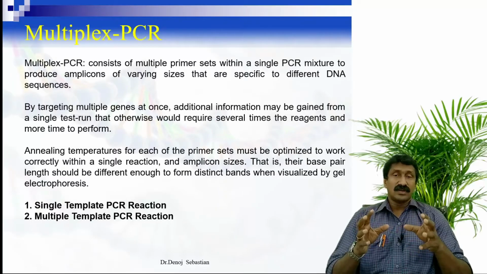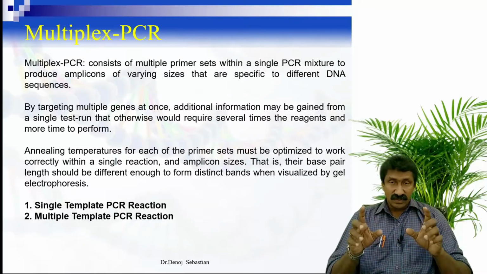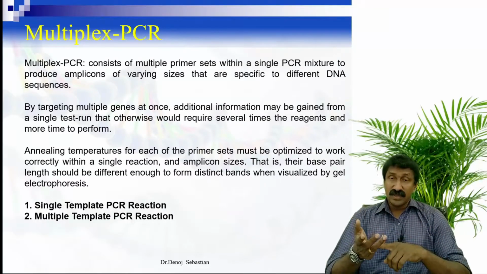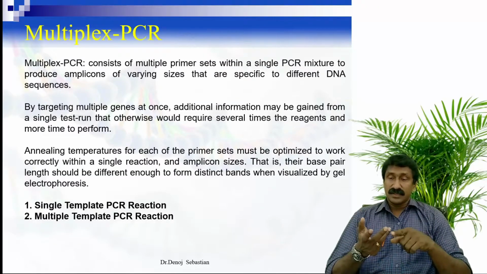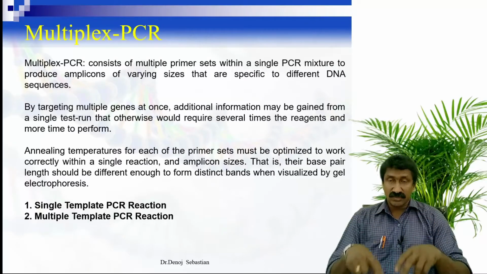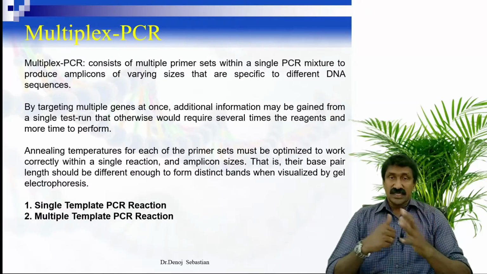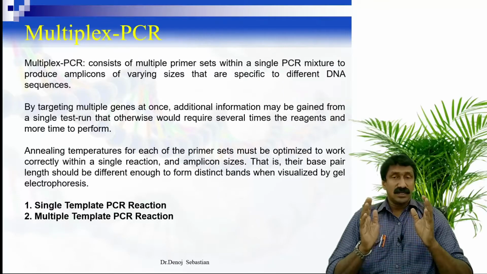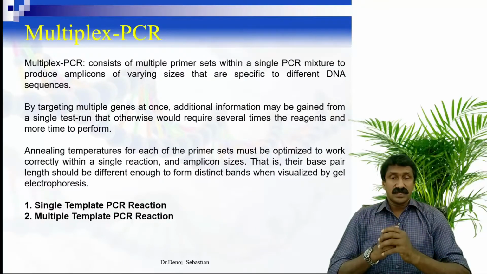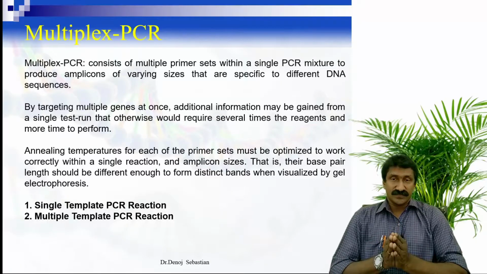So these all vary. When you are designing such a multiplex system, different primers may have different lengths, different Tm values, different GC content. So the primer combinations that you are using in the mixture may be different. You have to optimize this entire reaction so that all the primer pairs work at the same annealing temperature.